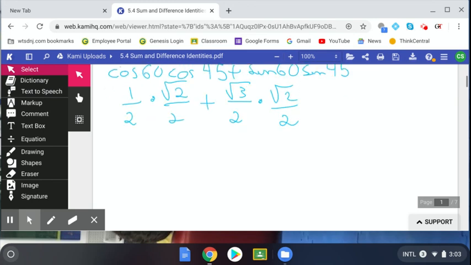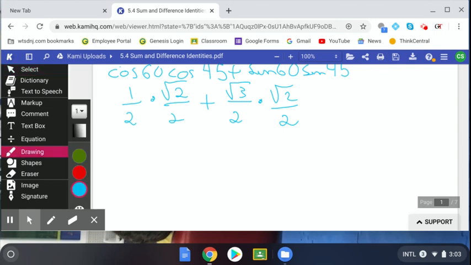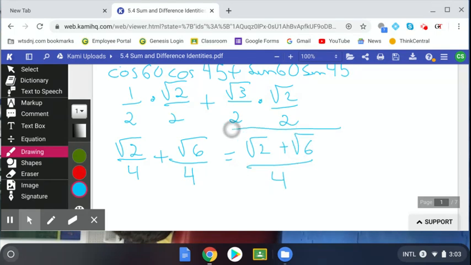So 1/2 times radical 2 over 2 is equal to square root of 2 over 4. And square root of 3 times square root of 2 is square root of 6. Multiply the insides, 2 times 2 is 4. I have the same denominator, so I can just write this as square root of 2 plus square root of 6 over 4. Done. That's the exact answer.